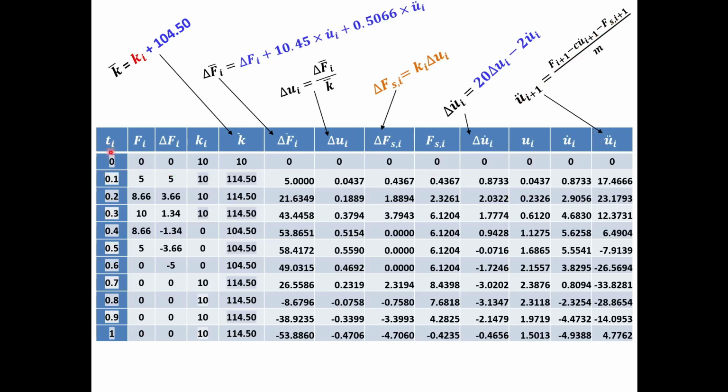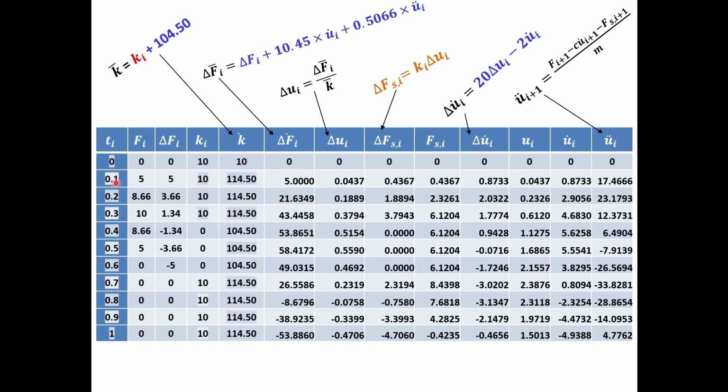So initially at time equal to 0, all the parameters are 0 except this Ki, which is 10 in the beginning also. So at this step there is no play of K bar, so we are taking K bar as 10, or you can just keep it blank.